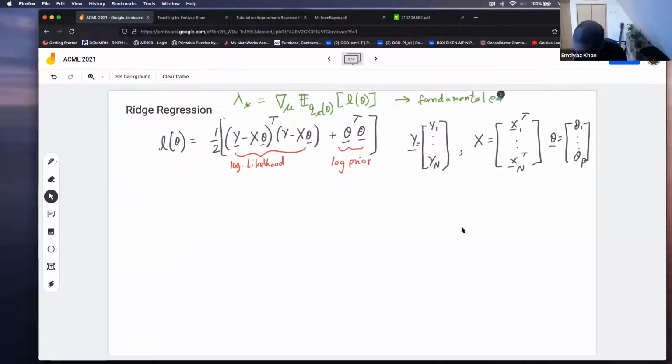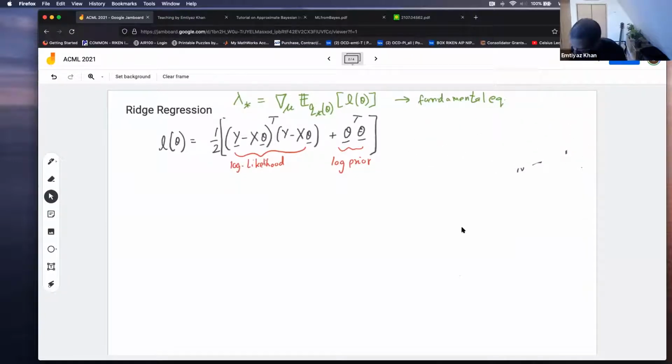We'll do this example, and I hope that you know some details about linear regression so that I can go a little bit faster. If you've seen this before, you may know that the solution has this form: X transpose X plus I, inverse, times X transpose Y. This is called the least squares solution or ridge regression solution.